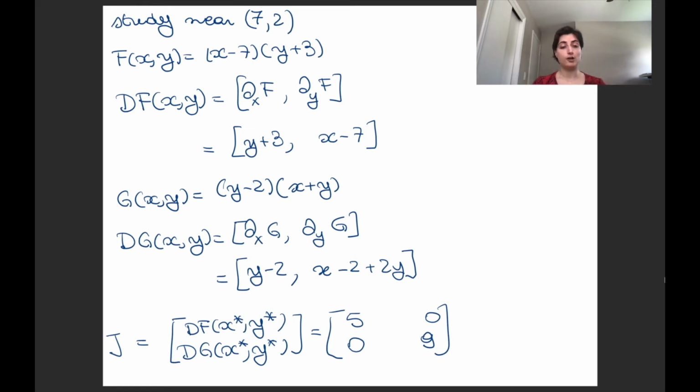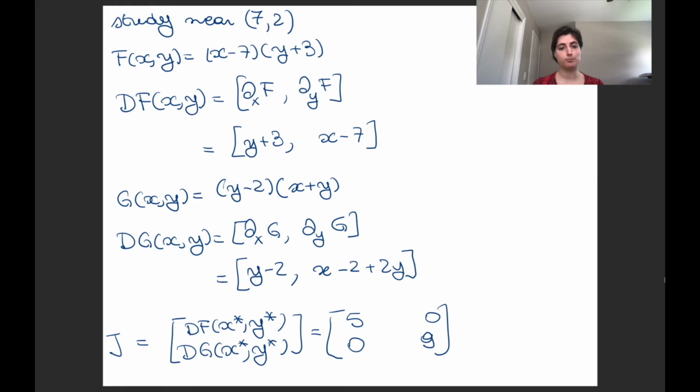So the Jacobian is this 2 by 2 matrix where on the first line we have the derivative of f, the 2 elements of them. On the second line we have the derivative of g, the 2 elements of them. And we can compute this at the critical point 7, 2.